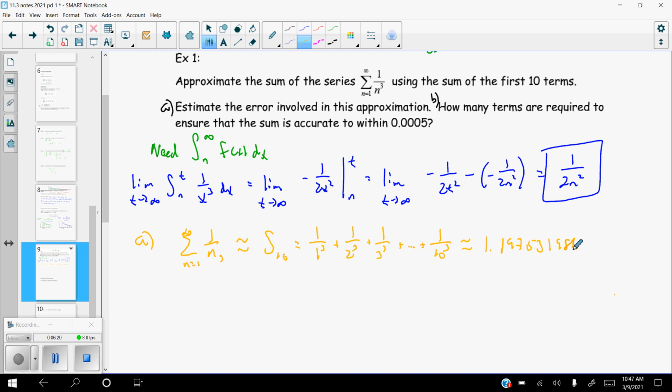Well, remember that the remainder is going to be less than or equal to, and this is from the previous page, the integral from n to infinity, which we just found, of f of x dx.